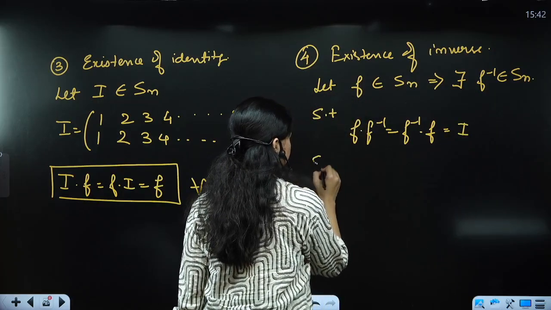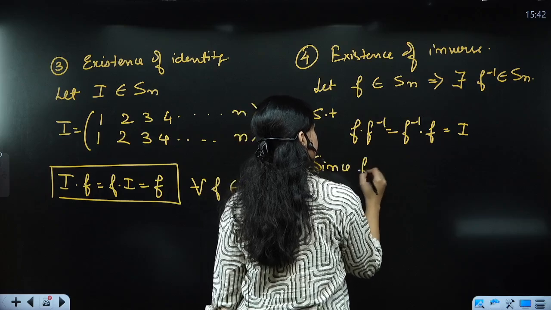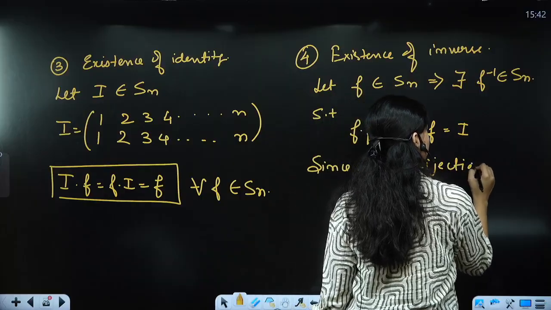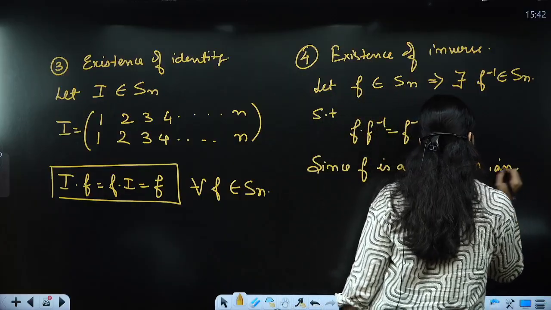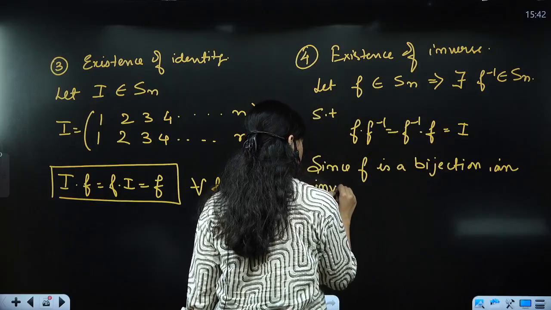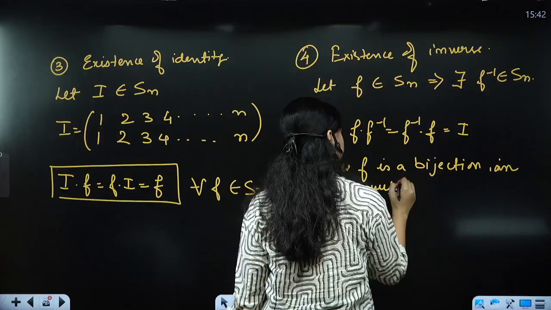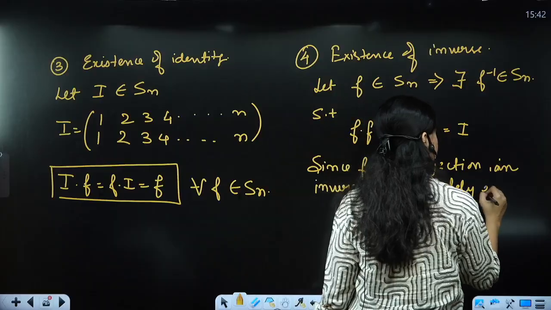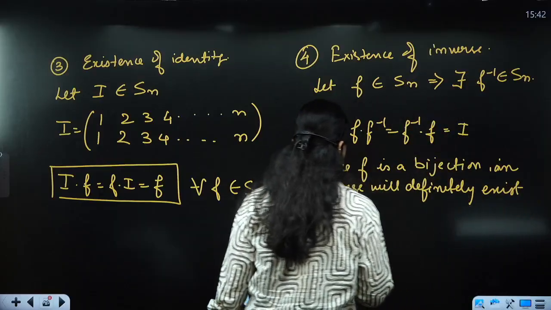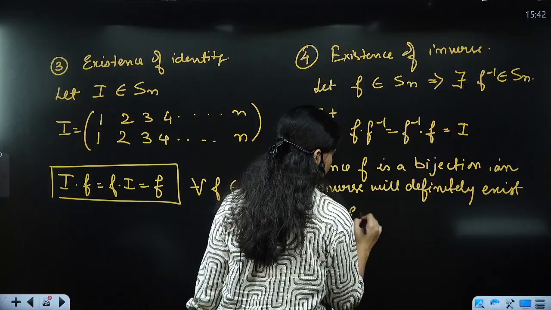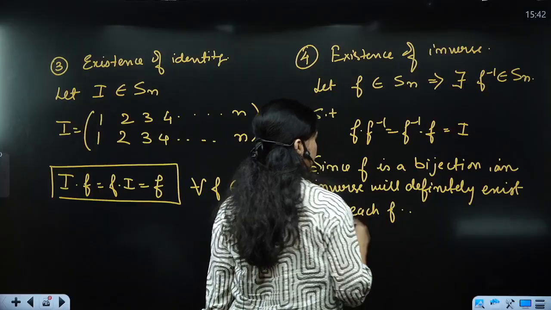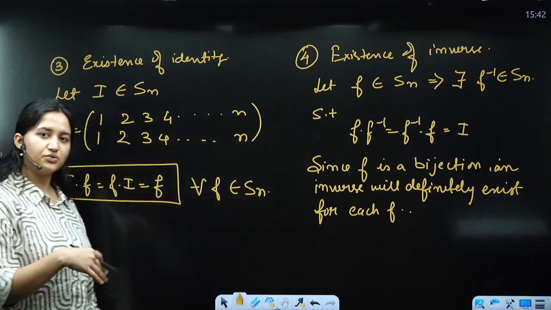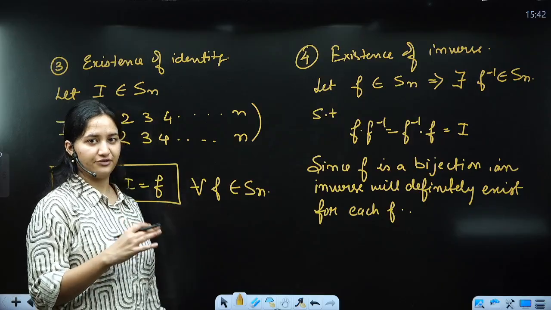Why? Since f is a bijection, an inverse function will definitely exist for each f. Yeah, so this is how we can say that for every bijection there is going to be an inverse element, that is going to be f inverse, right?